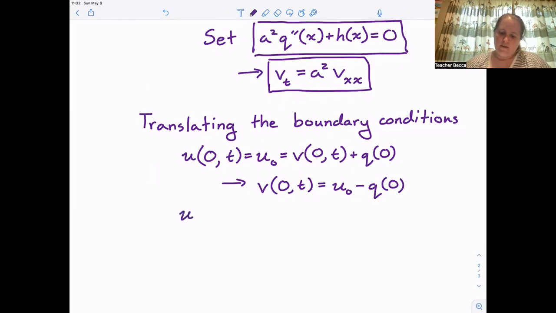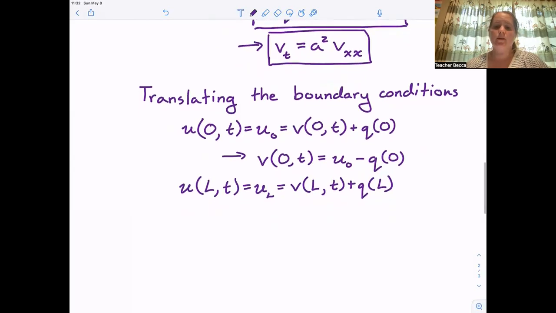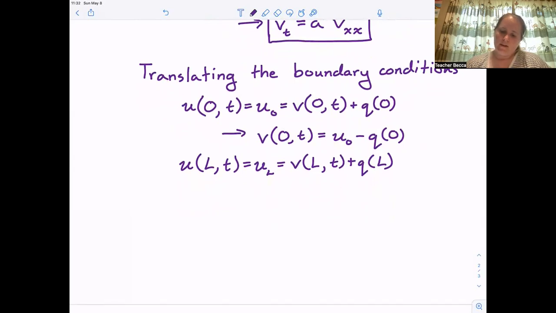Similarly, u of lt is equal to u sub l, which should be v of lt plus q of l, since we assumed u was equal to v plus q. So we have that v of lt should be equal to u sub l minus q of l.